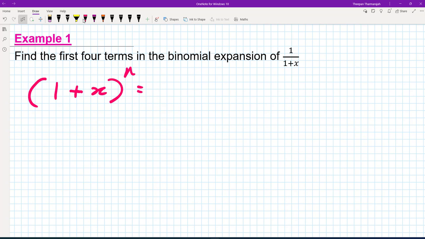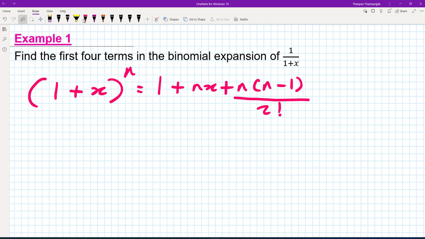So we say that we have 1 plus n times x plus n times n minus 1 over 2 factorial, plus n times n minus 1 times n minus 2 over 3 factorial times x cubed, plus other terms.